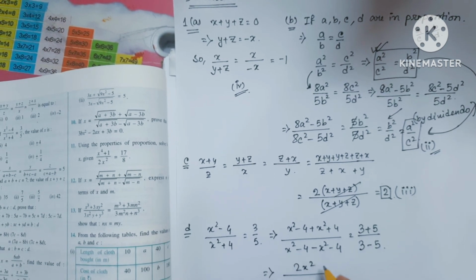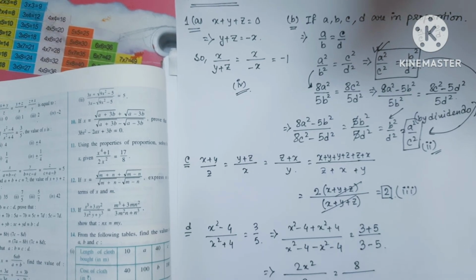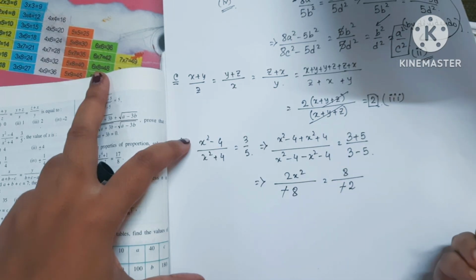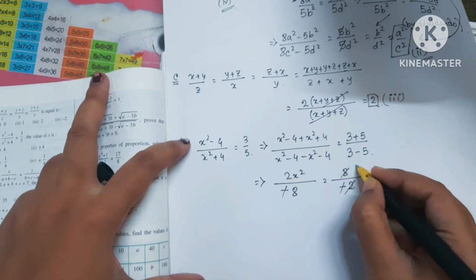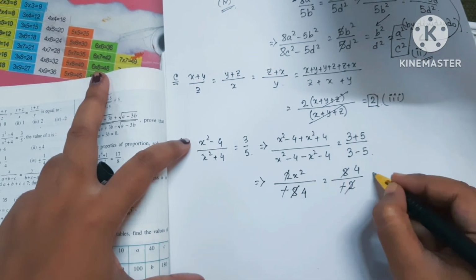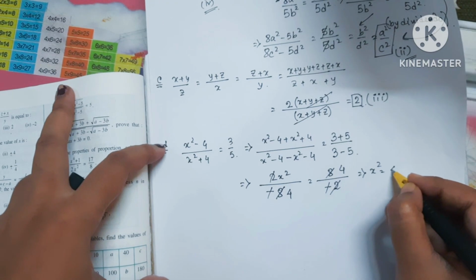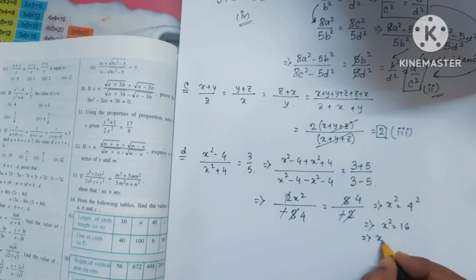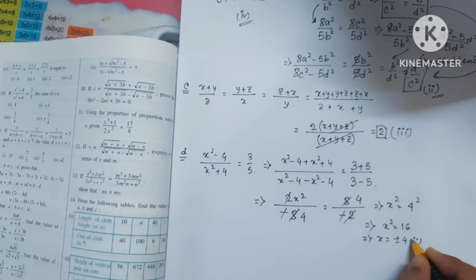So 2x square by minus 8 is equal to 8 by minus 2. You can cancel this minus. This is 4. This is 4. So x square is 4 square. Now see, x square equal to 16. So x equal to plus minus 4. That will be the answer. So option 2 is the correct answer.